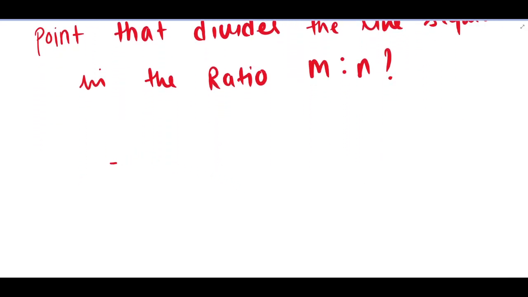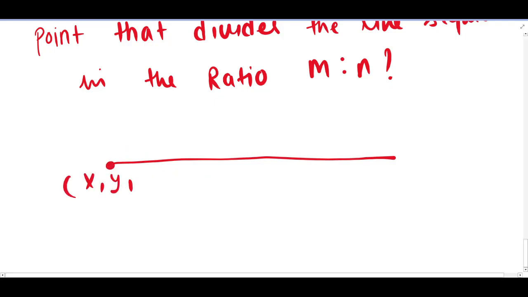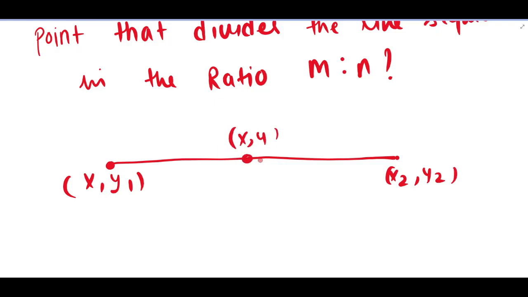So suppose we have a line and we have 2 points x1 y1 and x2 y2, and there is a point, suppose x comma y, which divides the line AB in the ratio m ratio n.